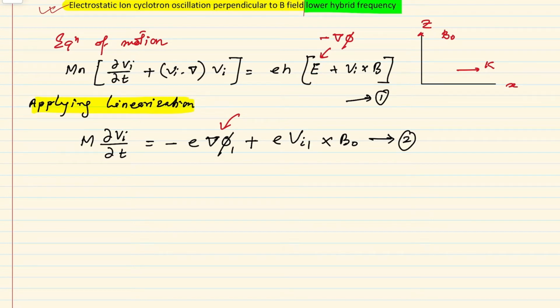Now it must have 3 components, x, y and z.